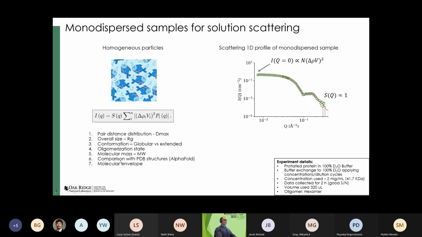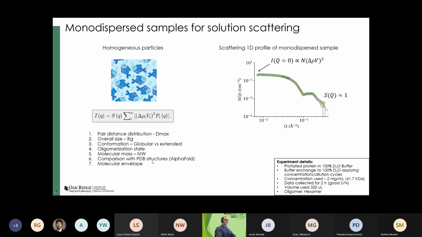So we can determine the conformation of the structures. The oligomerization state is also determined using the scattering profile, because if you know the molecular mass, and if you know the molecular mass of each subunit, we can determine the oligomeric state.